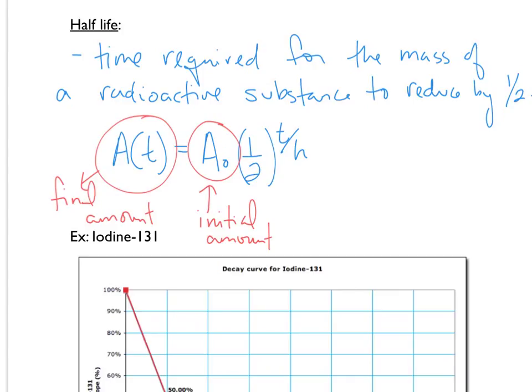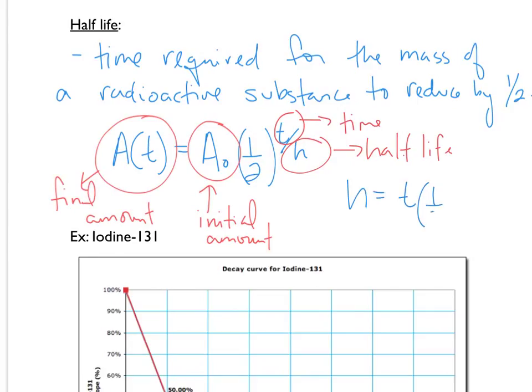So after a half-life, 1 kilogram becomes half a kilogram. Little t up here is time, so how much time has elapsed, and h is your half-life.